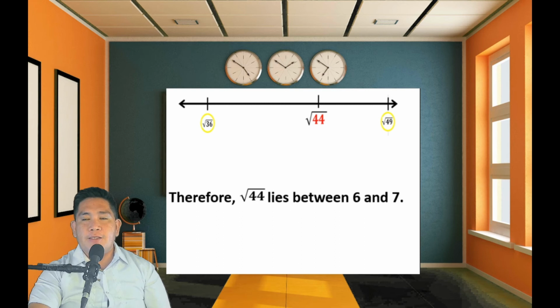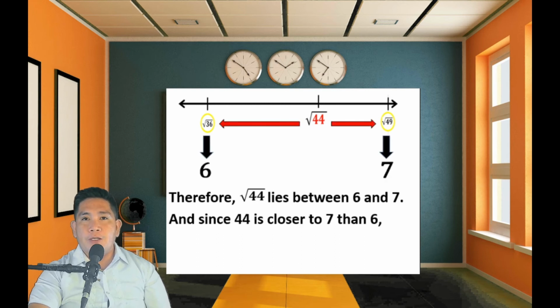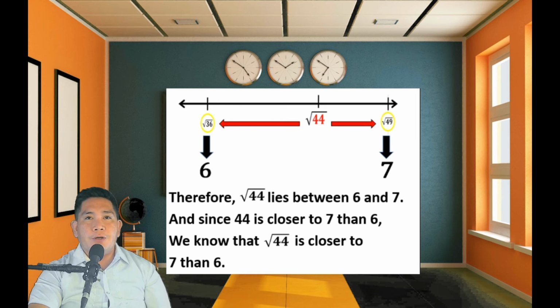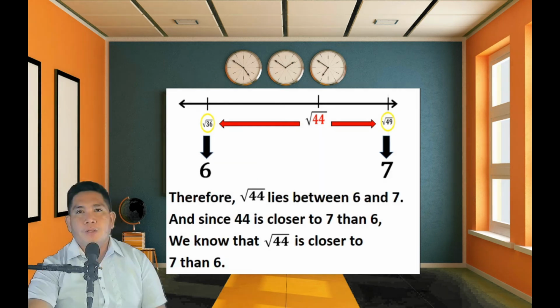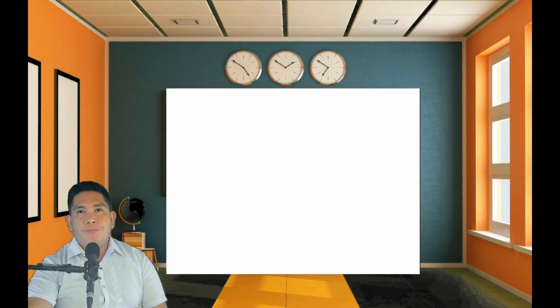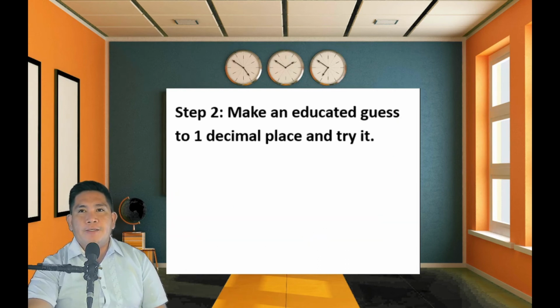And since 44 is closer to 49 than 36, we know that the square root of 44 is closer to 7 than 6. Step 2. Make an educated guess to one decimal place and try it.